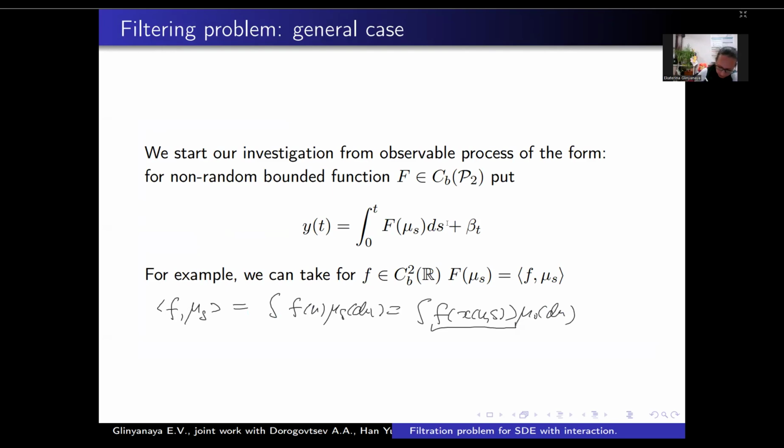Also, if we consider f from R^d to R, and we consider the integral with respect to power of d, we will have the same kind of function of x from u1 s and so on, x u ds mu 0 du.